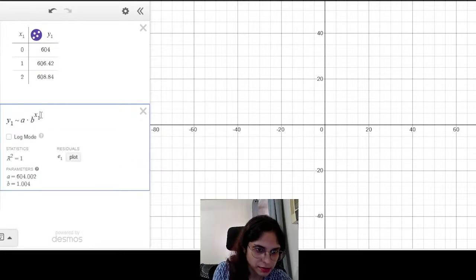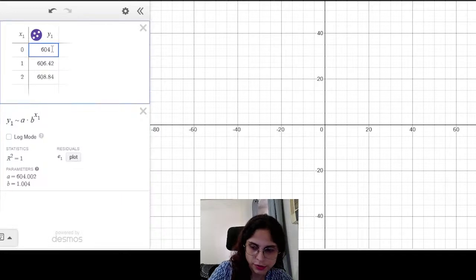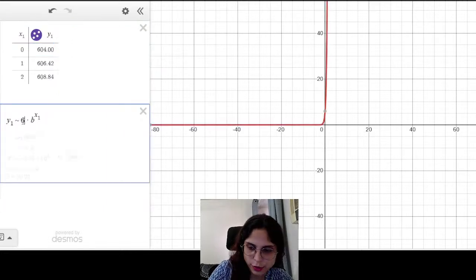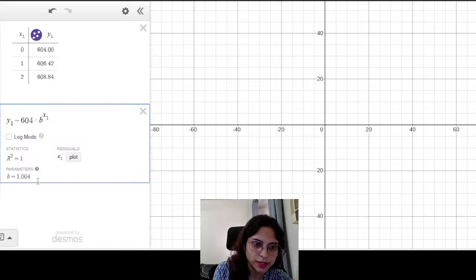See, the value of a is 604.00 and the value of b is 1.004, and you already know that the value of a is 604, so you can write 604 here. You will get the value of b as 1.004.